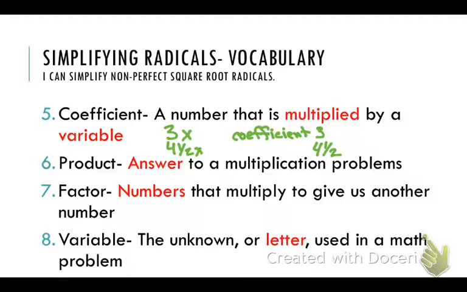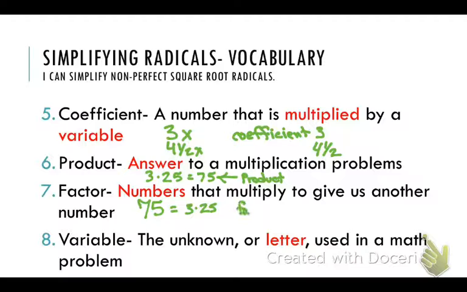The product is just the answer to a multiplication problem. So if I had 3 times 25 equals 75, that 75 is the product. If I had 75 and I was finding what factors go into 75, I would say 3 and 25 are factors.